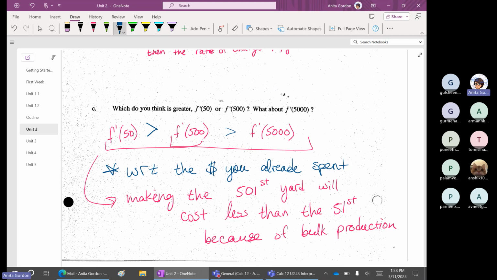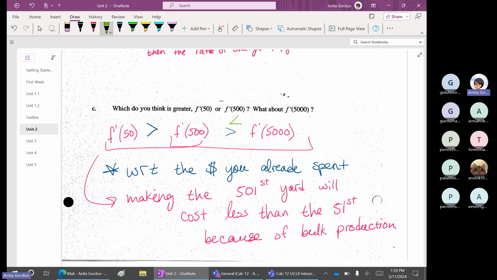Okay, I want you to think of what argument could you make so that it costs less to make the 501st than the 5,001st. What argument could I use to say that the 500 rate of change is less than the 5,000 rate of change? I don't have a limiting factor, so I can't say that 5,000 is the most I can make. Armand?